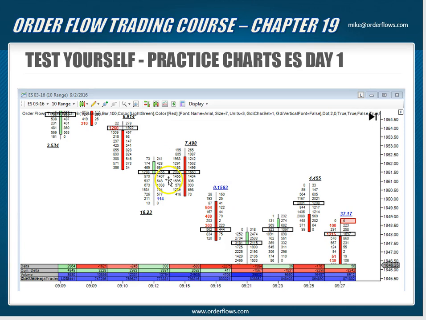It's a little bit far off the high for me to already want to get short, but I'm more inclined now to see the market work its way down than just still making those highs. So what I'm going to be looking for now is maybe another sign to get short.